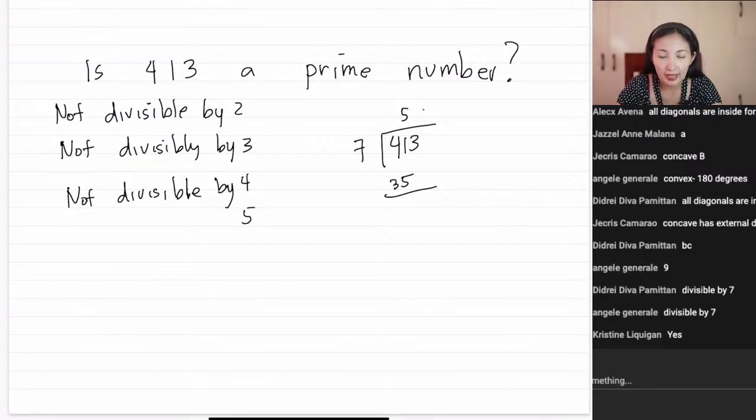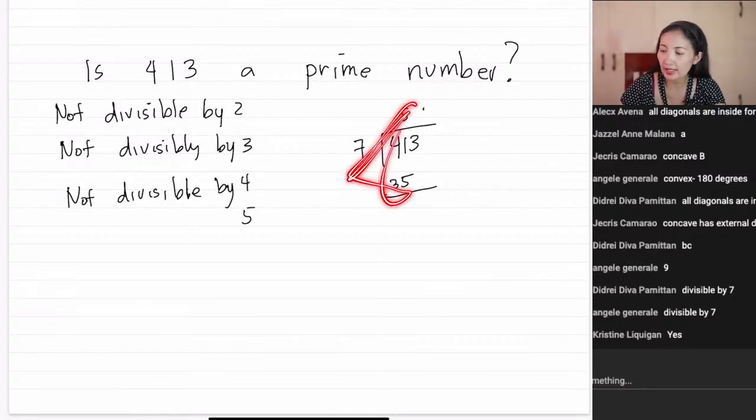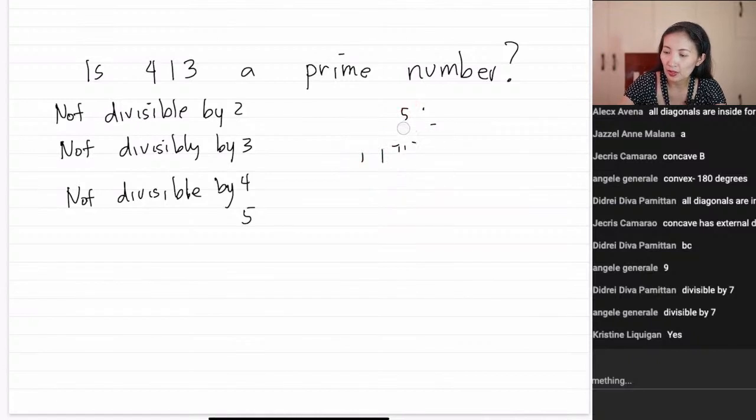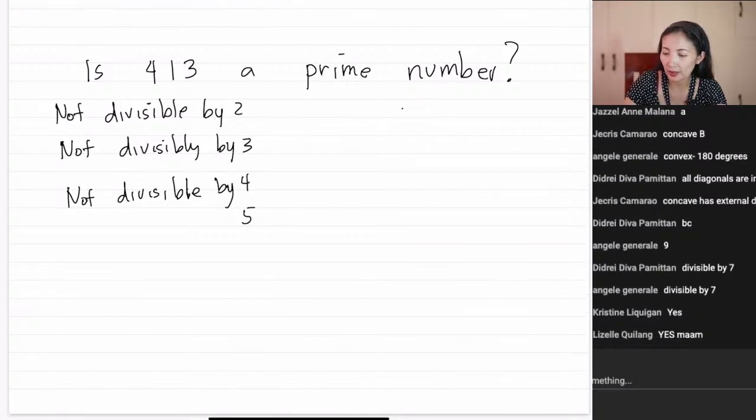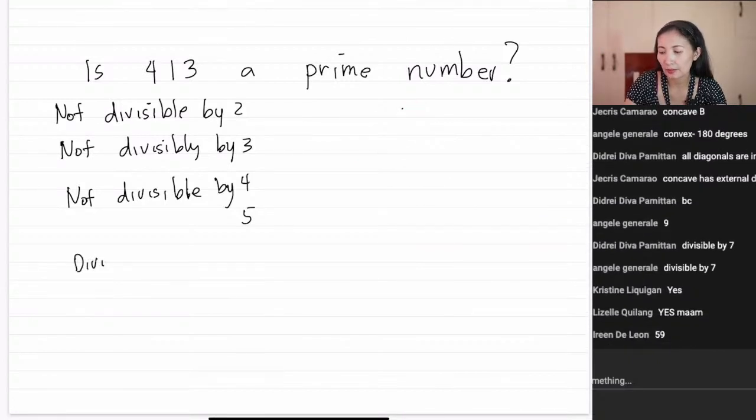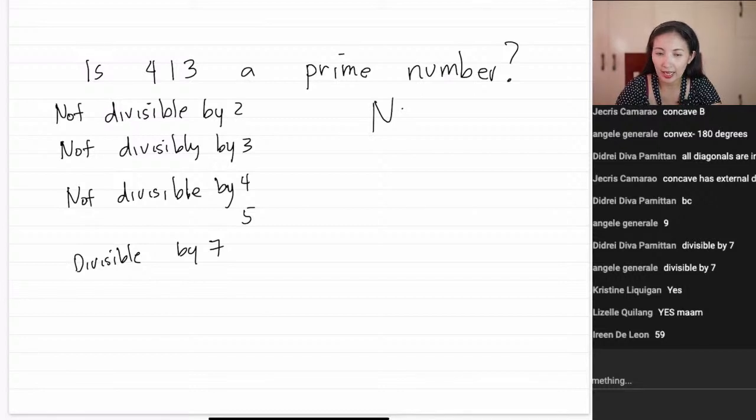Yes, this is exactly divisible by 7. So, let me write here, divisible by 7. So, is this a prime number? No. Let's reverse it. Yes, it's 59.